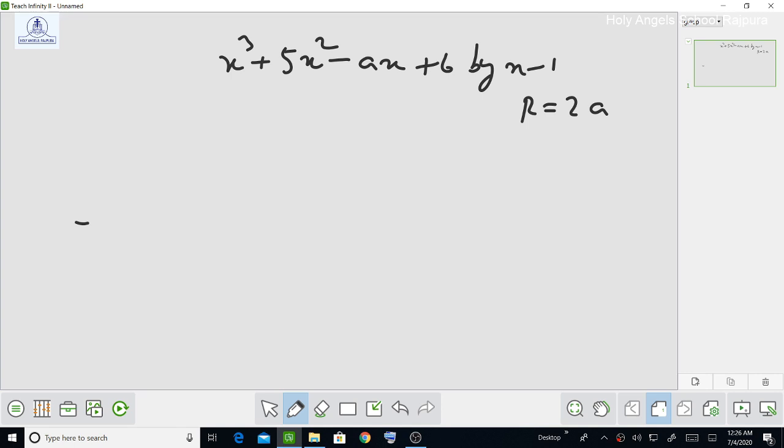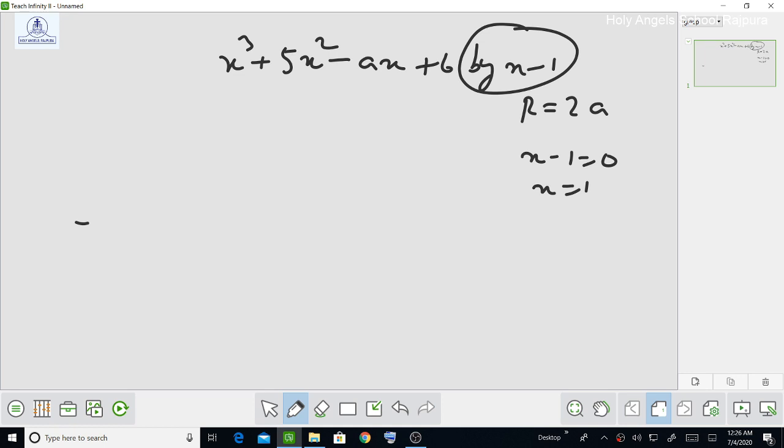A polynomial x cube plus 5x square minus ax plus 6 divided by x minus 1 gives a remainder 2a. Now, as we have learned, divide by x minus 1. So, x minus 1 is equal to 0, x is equal to 1.